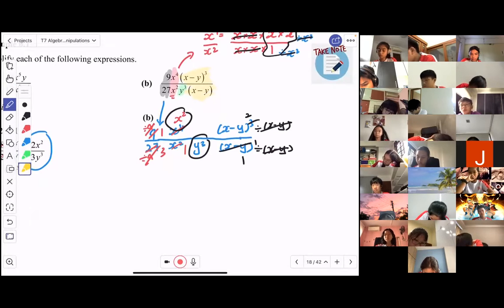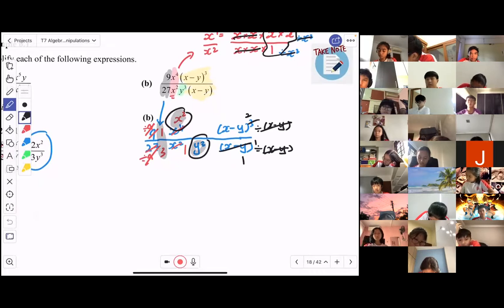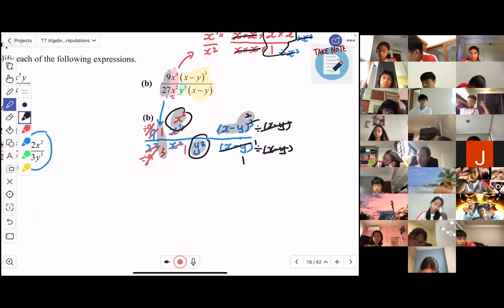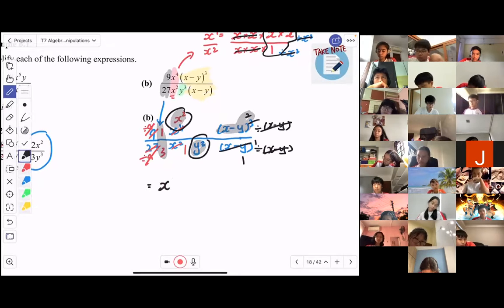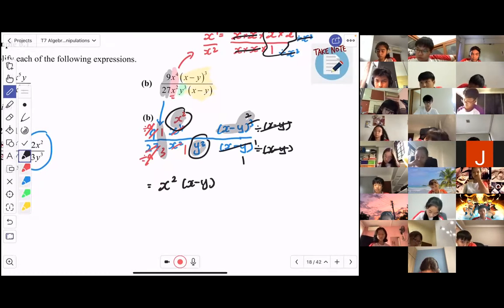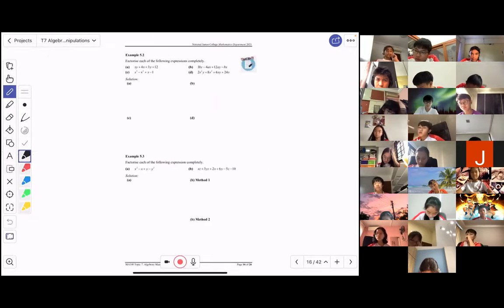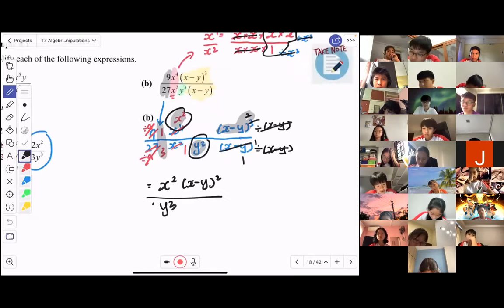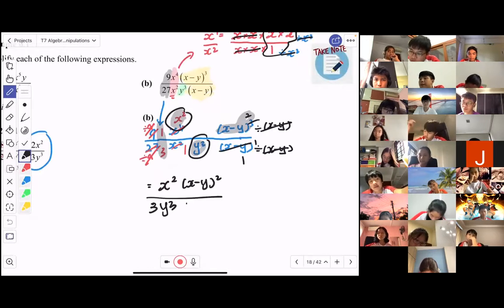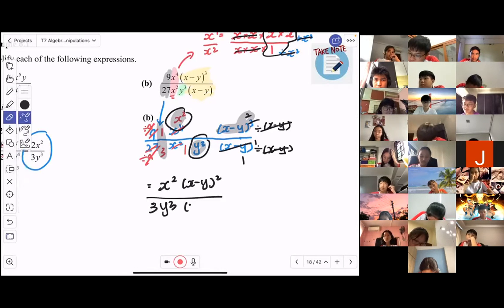I'm left with x squared on the top, y cubed at the bottom, x minus y squared at the top. So from here, the answer is x squared, x minus y squared over 3y cubed. That's my answer.